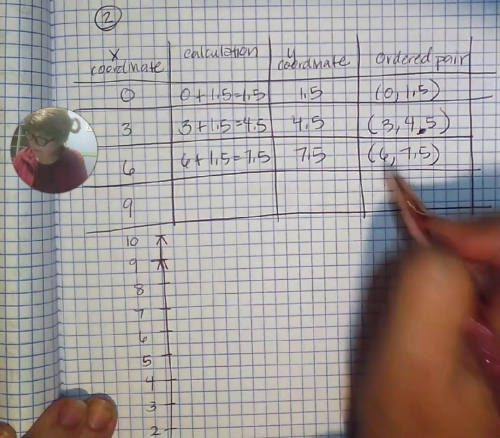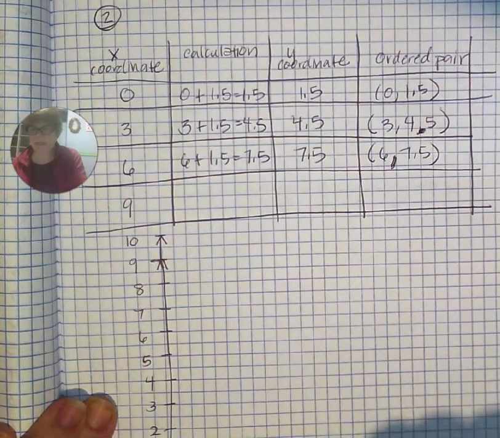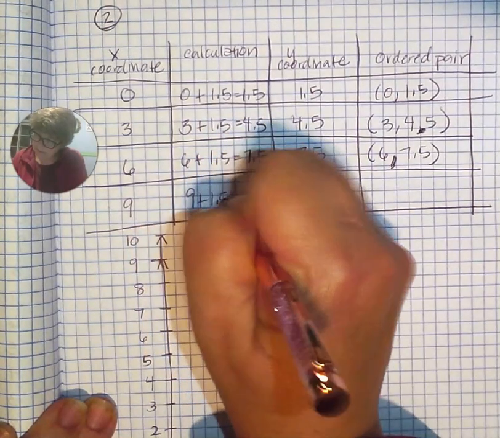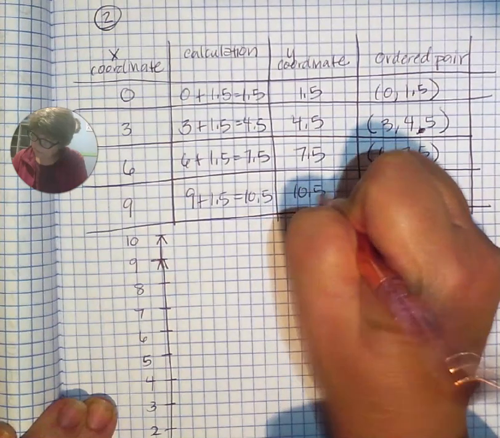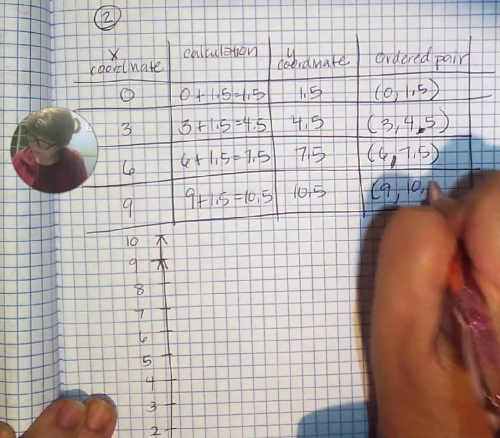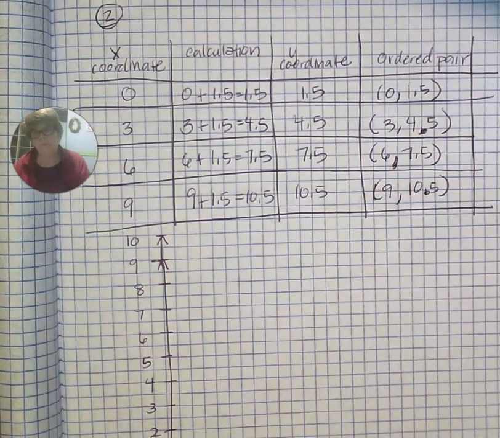Notice I say "and" for the comma. That is proper reading of an ordered pair, in case you didn't know. 9 plus 1 5/10 is 10 5/10, so 9 and 10 5/10. Okay, very good.